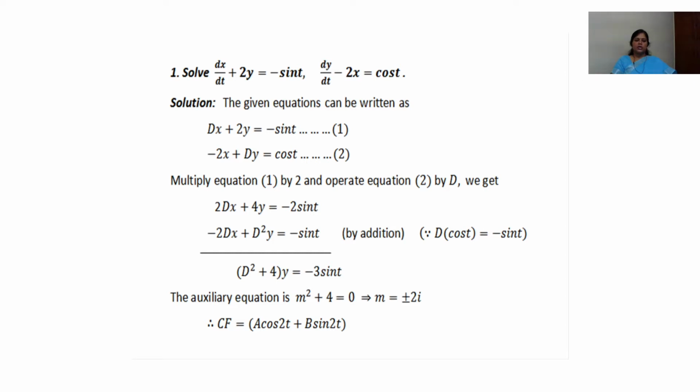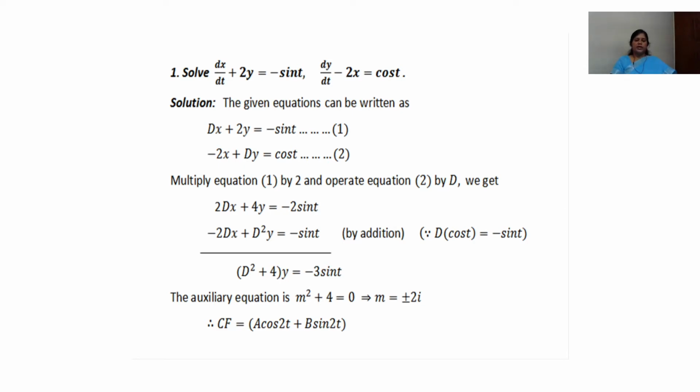Now we are going to solve equations 1 and 2 to get the value of x or the variable y. So equation 1 has to be multiplied by 2 and equation 2 has to be multiplied by D. Equation 1 multiplied by 2 gives 2 Dx plus 4y is equal to minus 2 sin t, and equation 2 multiplied by D gives minus 2 Dx plus D square y is equal to minus sin t, because the second equation has cos t on the right side.